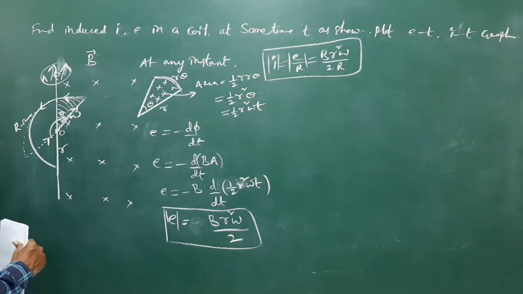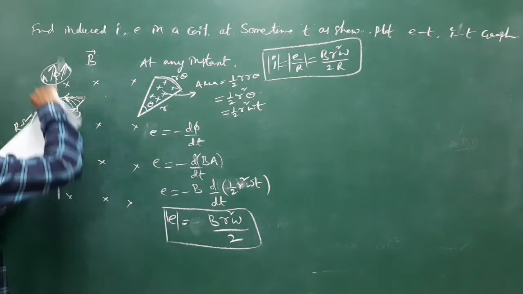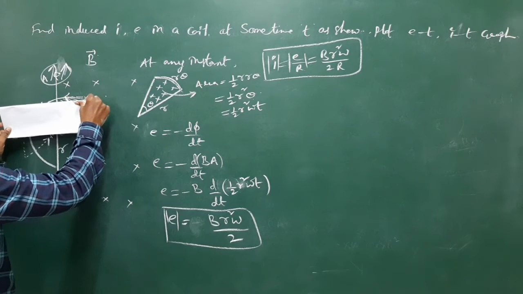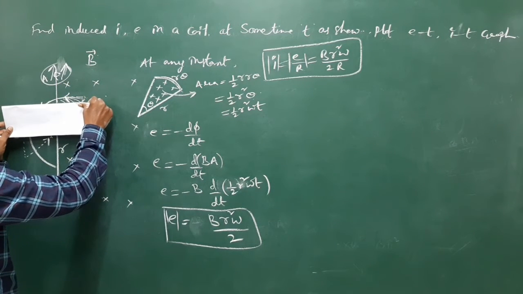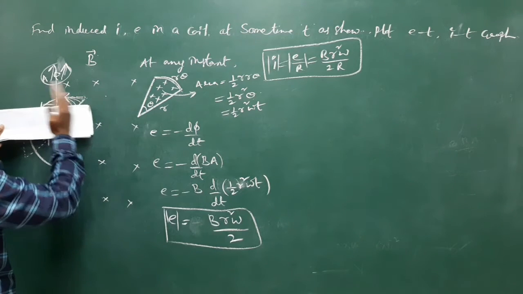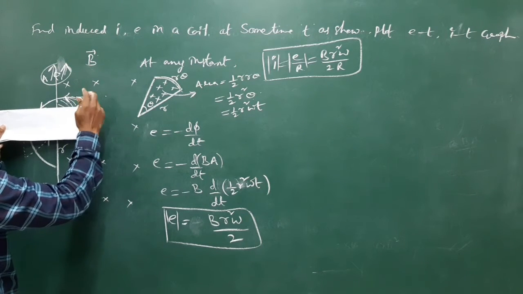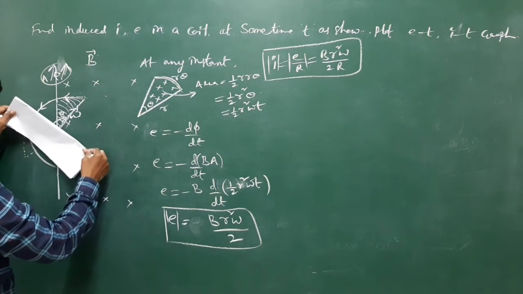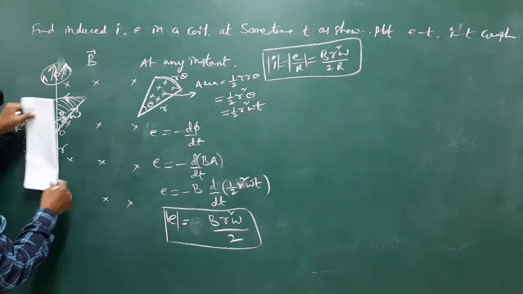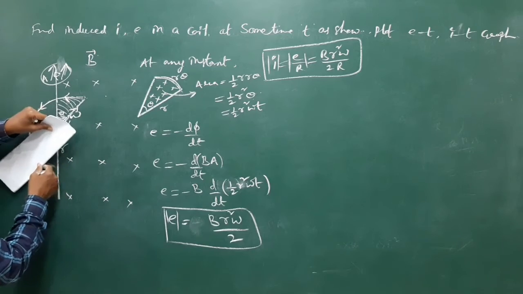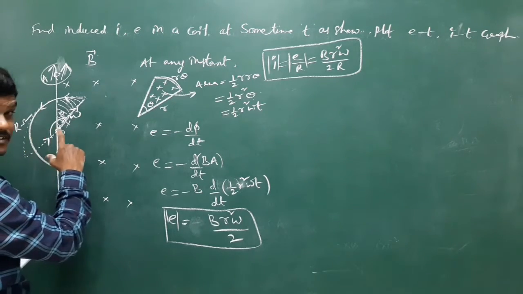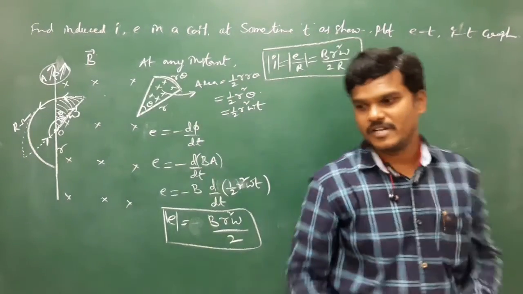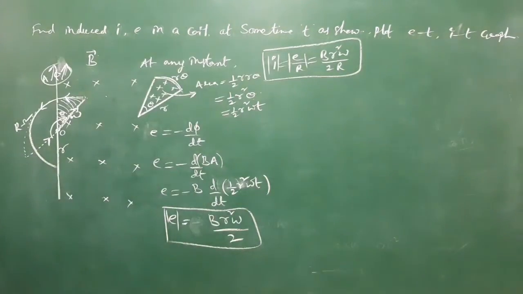If it enters half, that is T by 2 time, half the time period, and then it comes out after T by 2, the flux decreases. As the flux decreases, the direction of the induced current is clockwise.